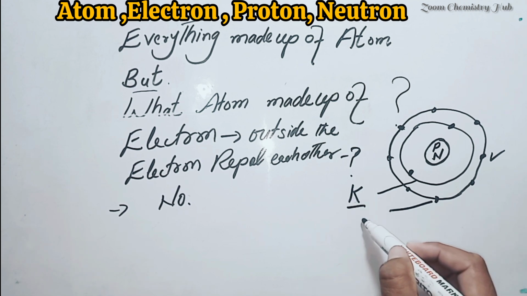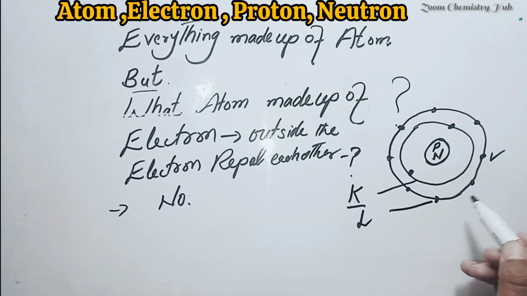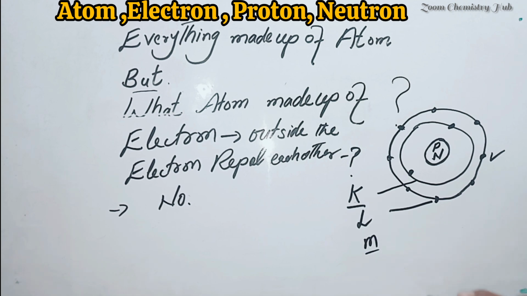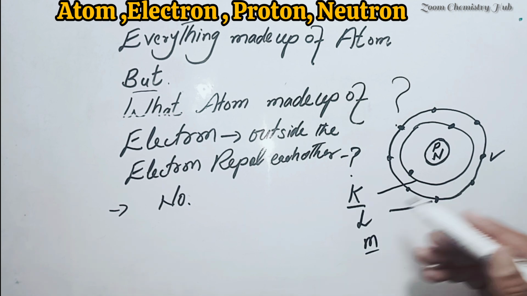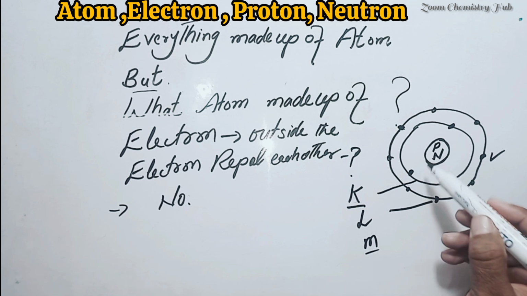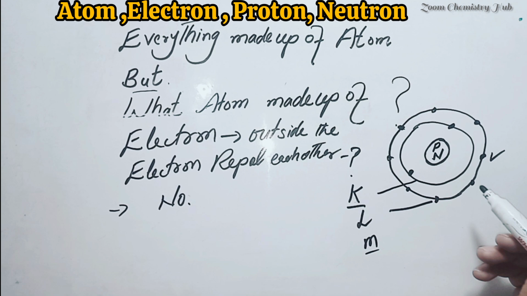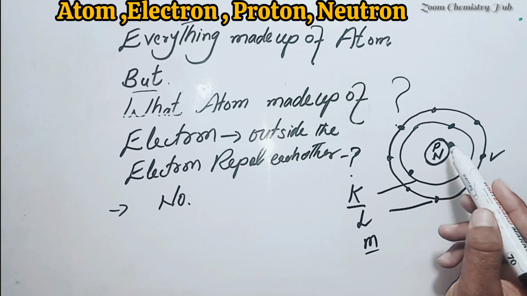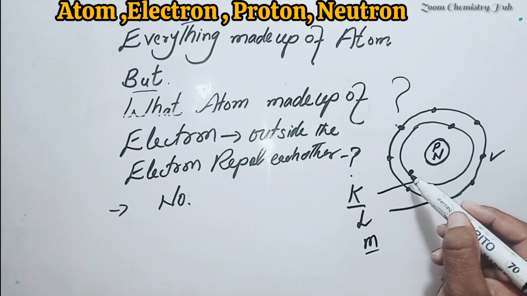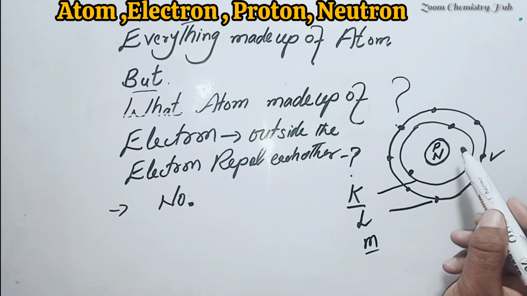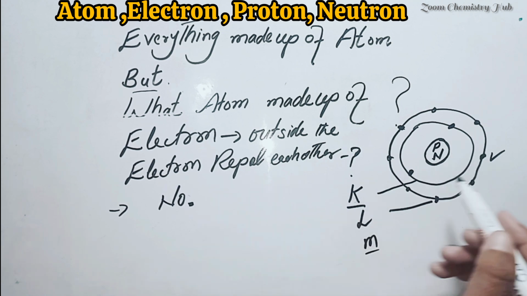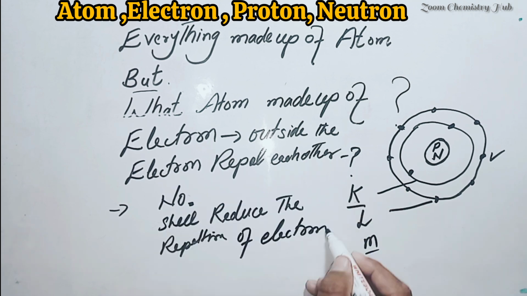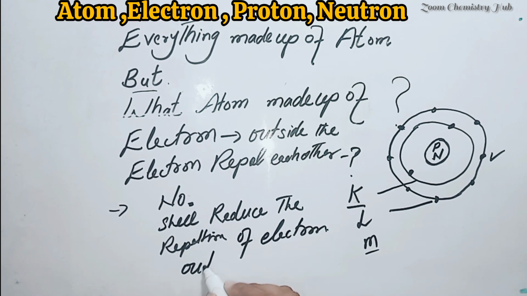The second shell is represented by L shell, and similarly the third shell is represented by M shell. If we go to higher and higher shells, the energy of the shell increases. So due to these shells, electrons minimize their repulsion. So these shells reduce the repulsion of the electrons outside the nucleus.